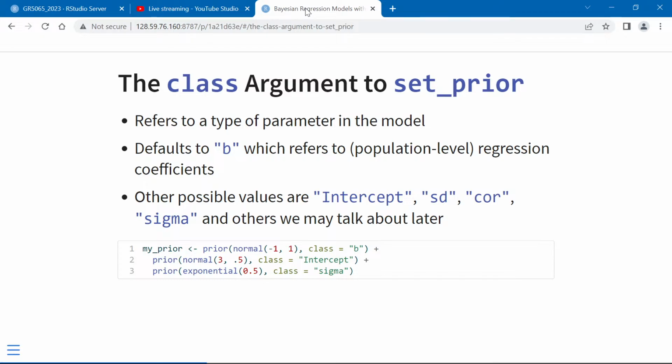So like I said, the class argument to prior or set prior refers to the type of the parameter in the model. B is kind of the generic prefix for a regression coefficient in a model. You've got intercept, sigma, others that we might talk about later.